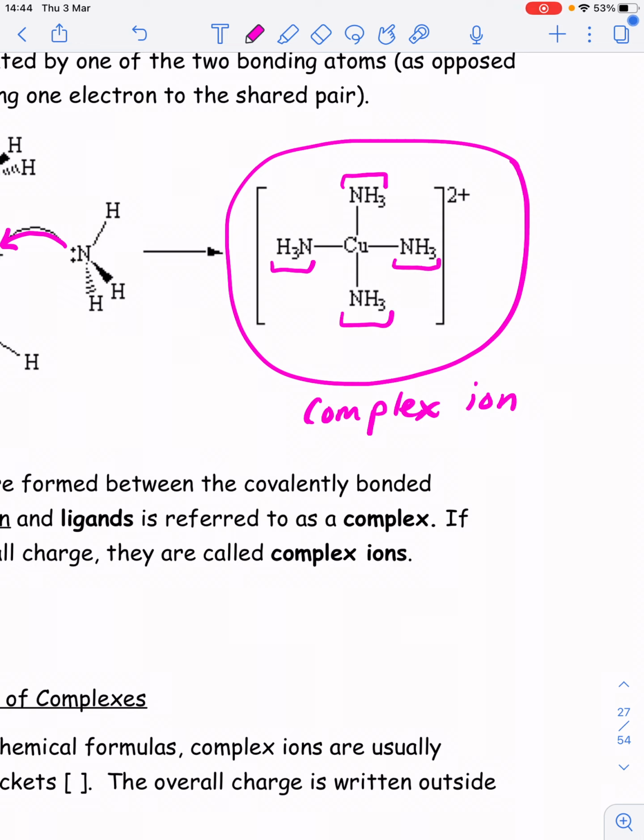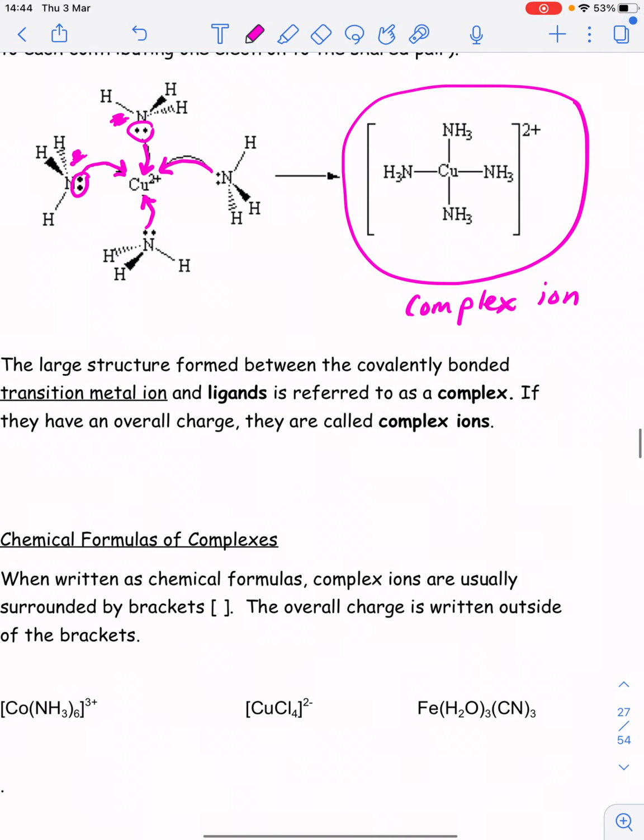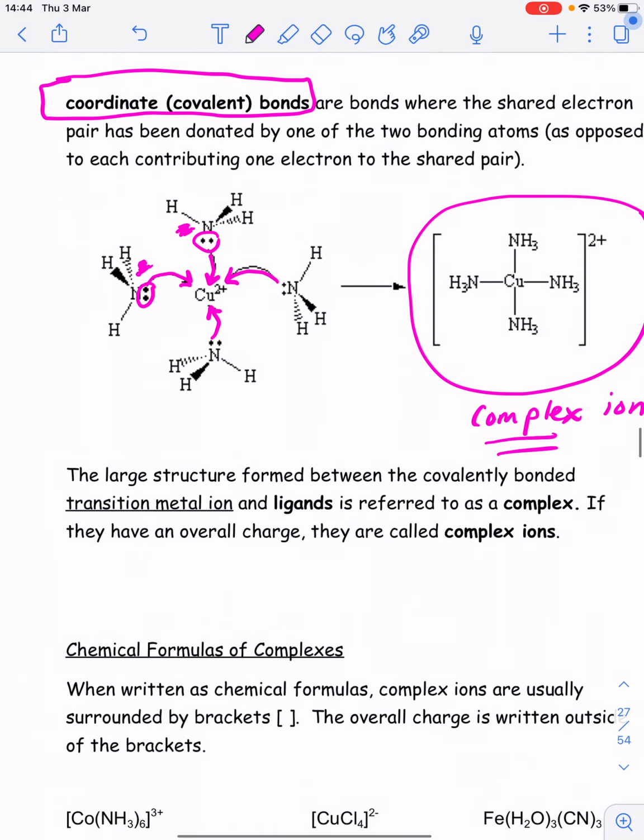So it's a little bit like a polyatomic ion, but not exactly the same, so we're going to keep it as a distinct topic. This particle, where you have a transition metal at the center covalently bonded to multiple species around itself, is what is a transition metal complex.